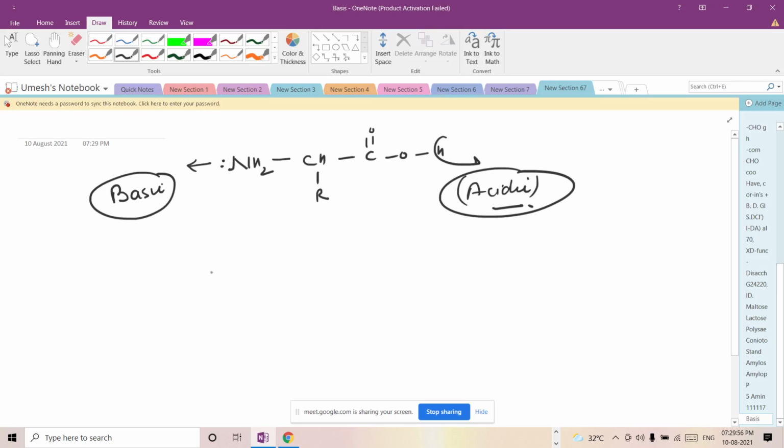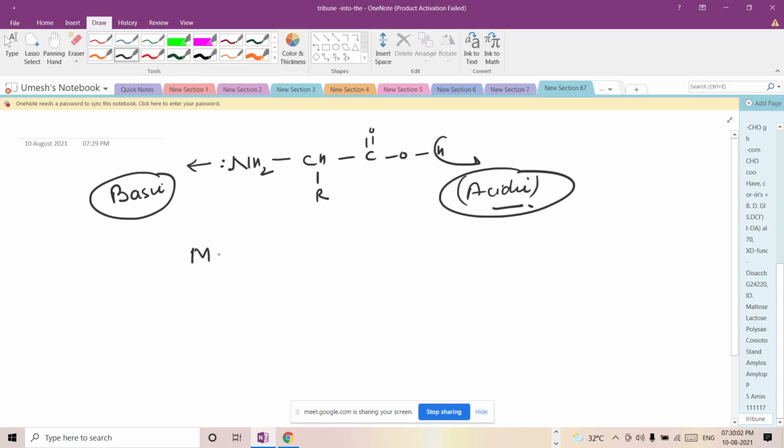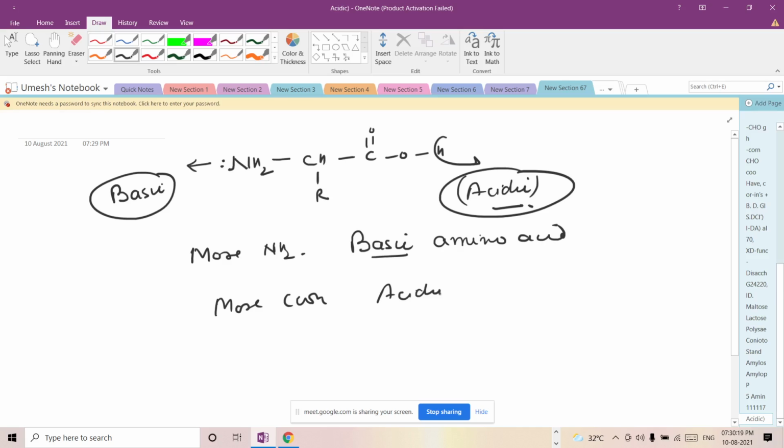So if it contains more NH2 groups, the amino acid is categorized as a basic amino acid. If you have a larger number of carboxylic acid groups, that will be called an acidic amino acid.